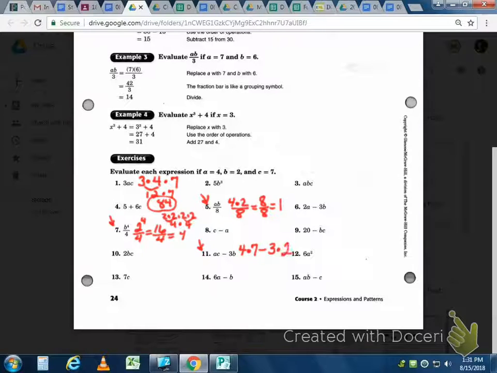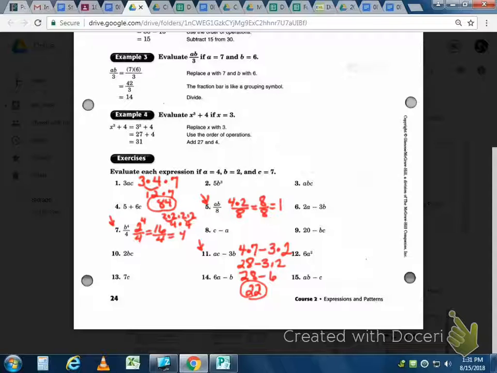Good. So, Mason, what's the first problem we've got to do there? 4 times 7 is 28. 28 minus 3 times 2. Then what's next? 3 times 2 equals 6. So 28 minus 6. And then the last step is 28 minus 6 is 22. Good job.